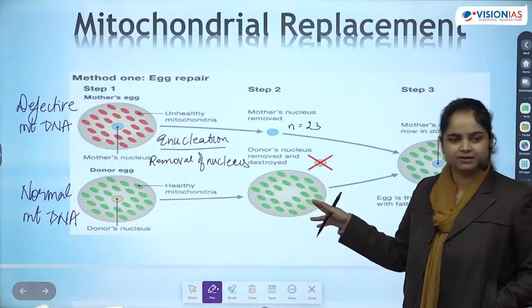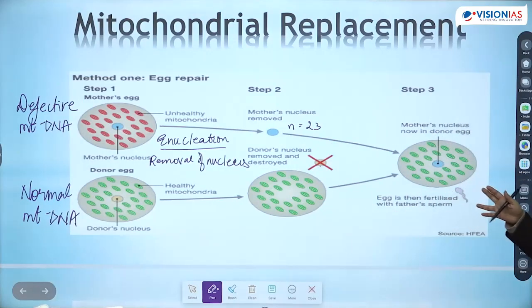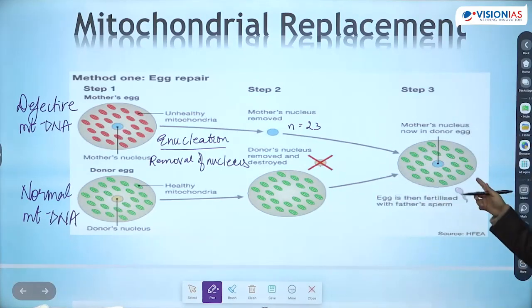So we keep the egg without the nucleus, and then we'll do a transfer. इसका nucleus इस egg में डाल दिया, and you get a new egg. Now this is an egg which has the 23 chromosomes of the mother and the normal healthy mitochondria which have come from the donor.